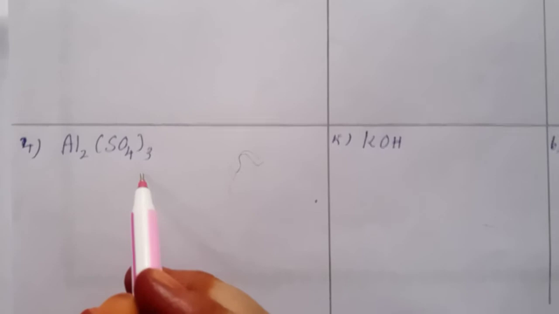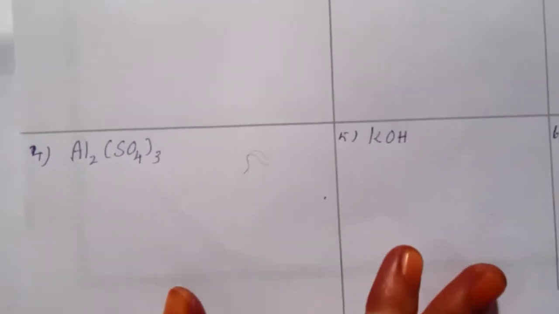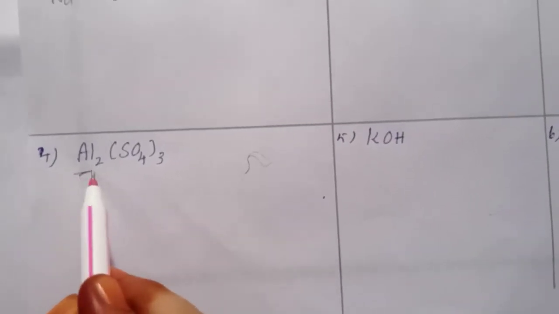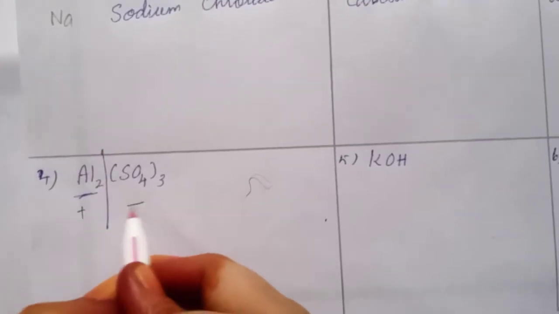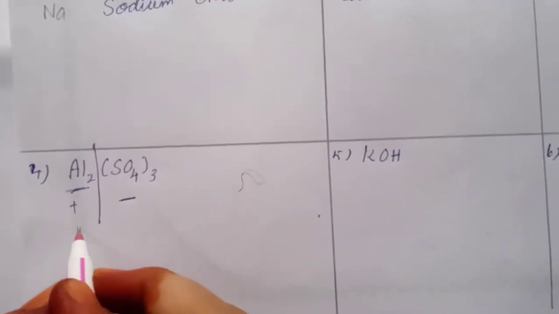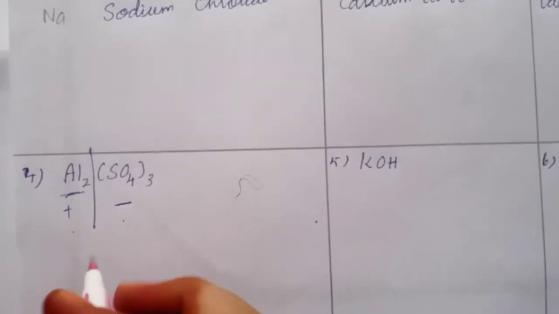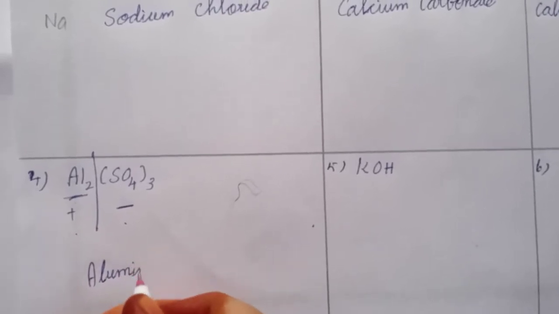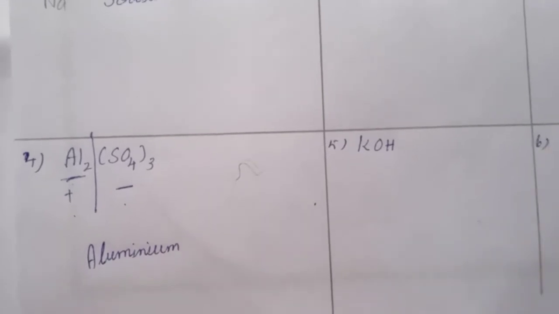And next case, Al2(SO4)3. Here what is the positive ion? First you identify what is the metal present here. Aluminium. So it should be positive and the remaining portion should be negative. First we write the name of the positive ion, followed by the negative ion name. So we know that Al is aluminium. Here we no need to consider that number.